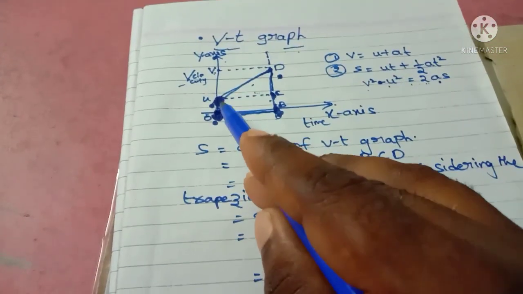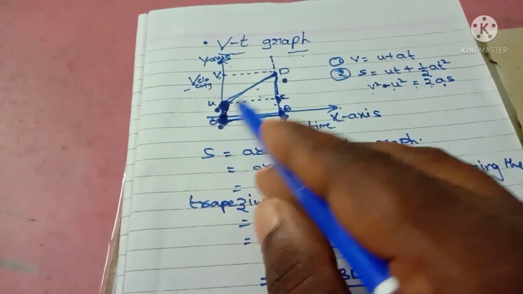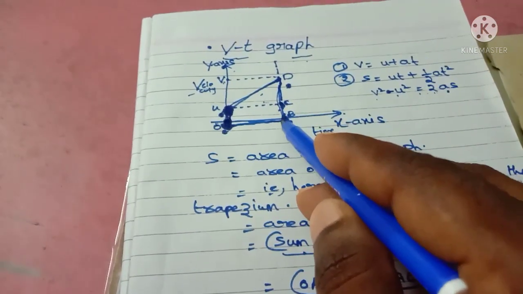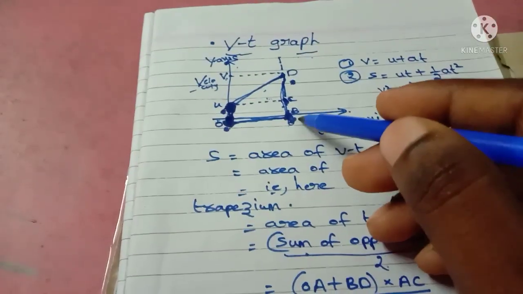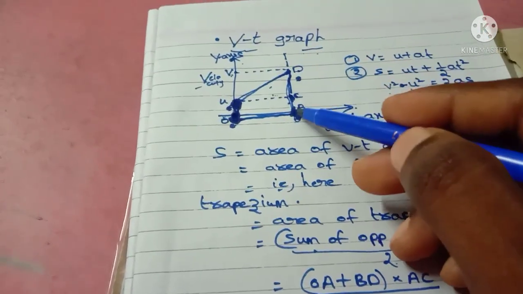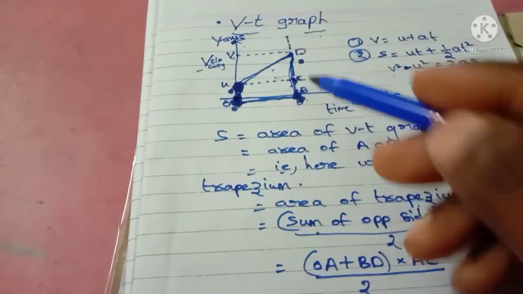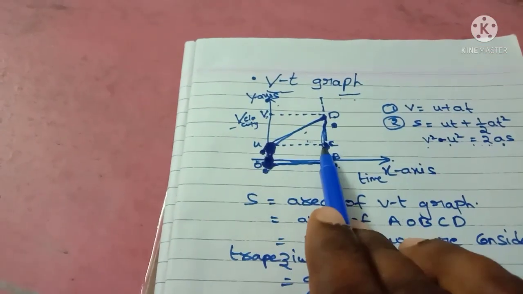What are the opposite sides? OA is one, and the complete BD is the other. These two are opposite sides.